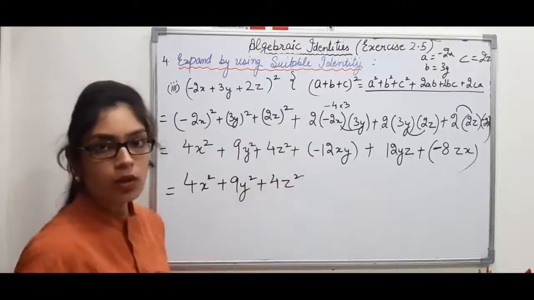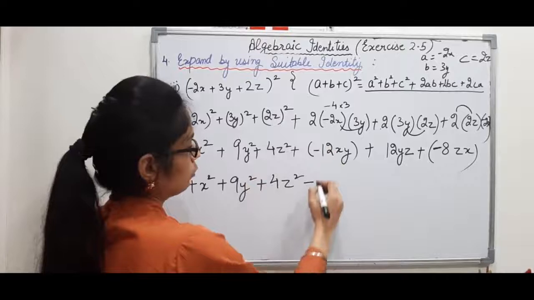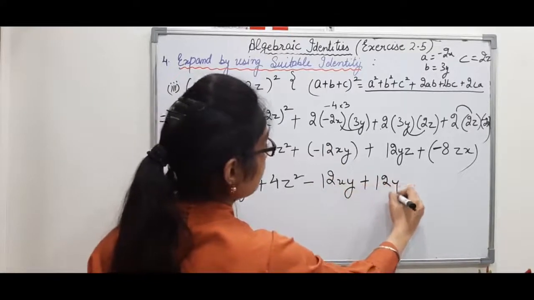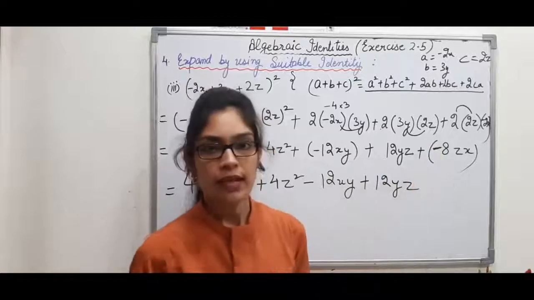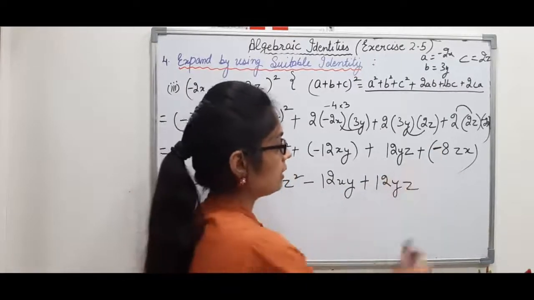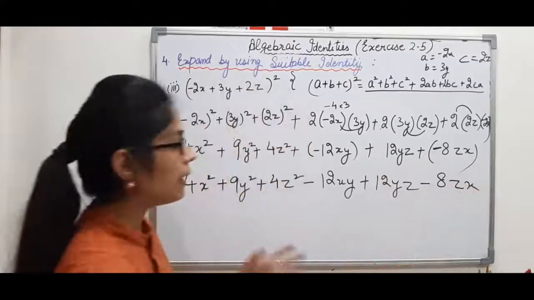Now two signs altogether means we have to make it one sign. Plus minus is minus. So minus 12xy plus 12yz. Again two signs together means we have to make it single sign. So plus minus it is minus 8zx. So this is the expanded form.